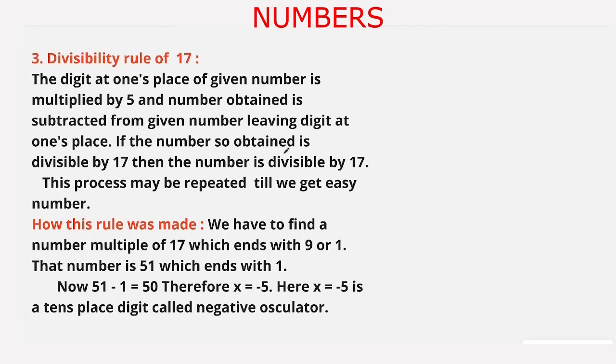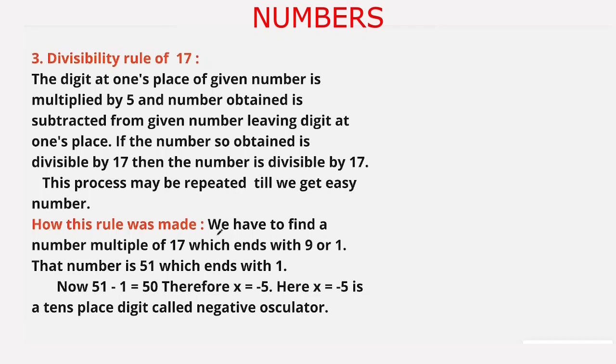If the number so obtained is divisible by 17, then the number is divisible by 17. This process may be repeated till we get an easy number.